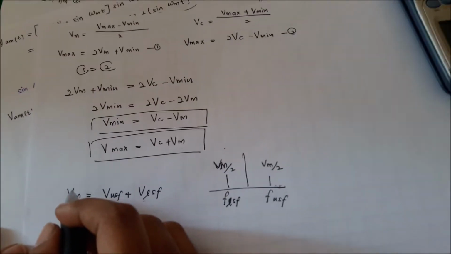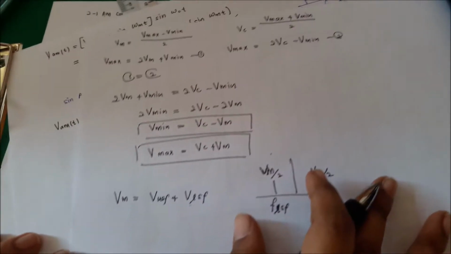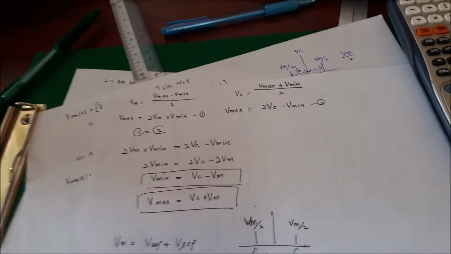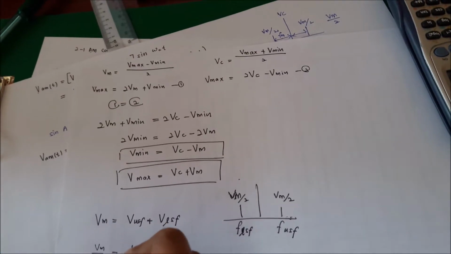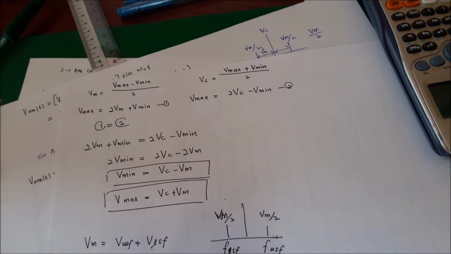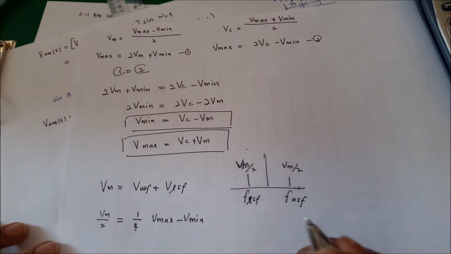And it's also that Vm over 2 is equivalent to 1/4 of your V max minus your V min.